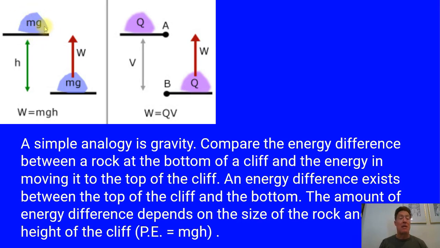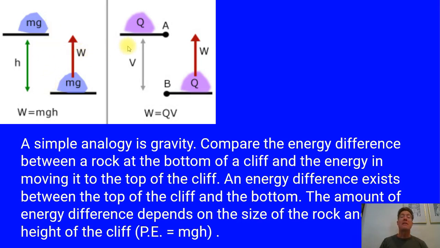We would say that potential energy is equal to the mass times gravity times the height. So the work that it can do is equal to its height above the ground. If you could take this rock and roll it downhill, as that rock fell down, that height difference, it could do work.